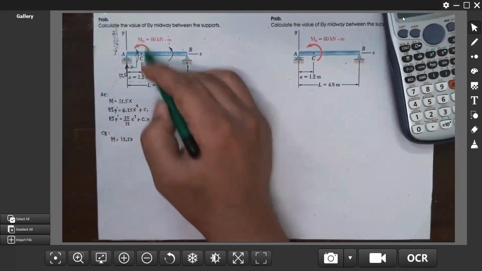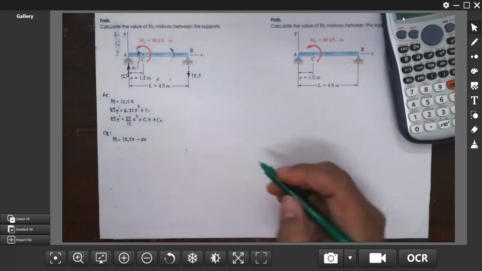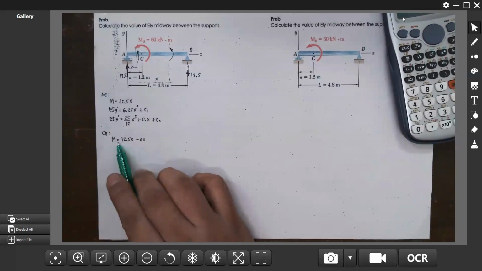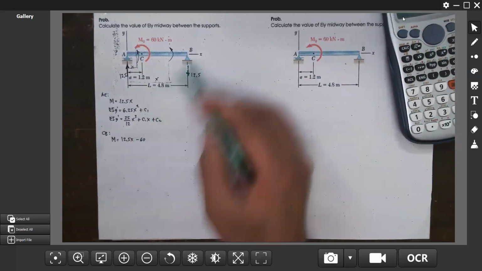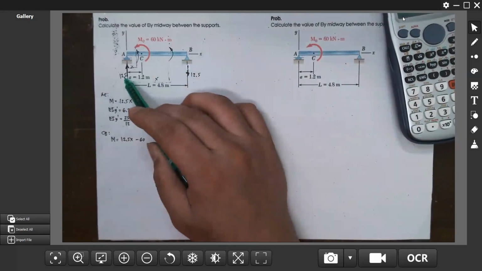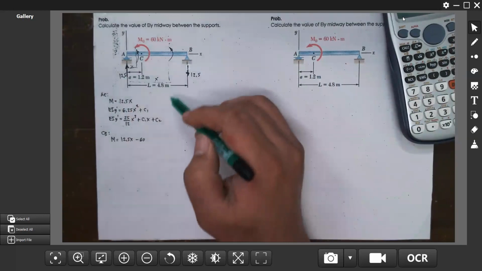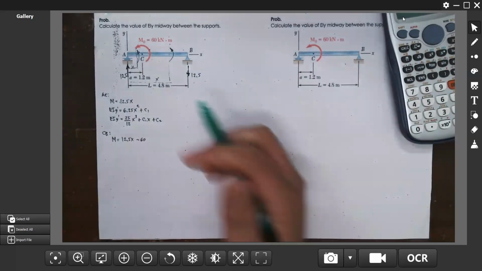Tapos, counterclockwise man yung moment, minus na siya. M equals ana naman ta. So, ang opposite of direction sa M, positive. Ang same mo direction, minus na tayo. I-transpose mo na siya.